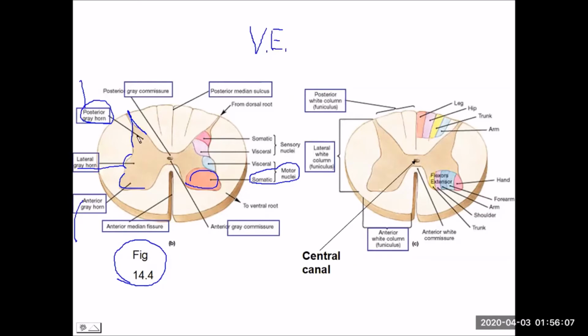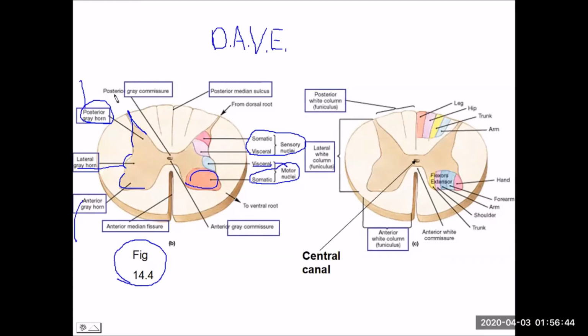The posterior gray horn, you see, has both somatic and visceral sensory cell bodies. So the dorsal part has that afferent function. So again, DAVE is very helpful. And then lastly, we see the lateral gray horns off to the side. The lateral gray horn, you notice, only has the visceral motor cell bodies clustered together.